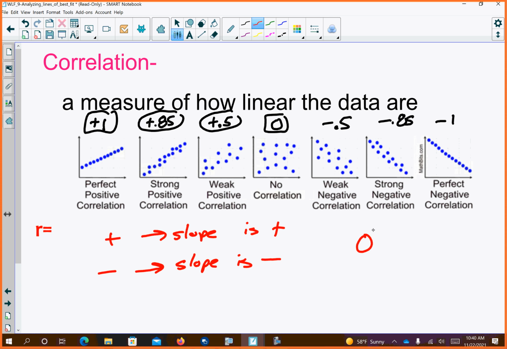You could say the number of coins I have in my pocket versus my age. Well, someone might have a coin in their pockets because they found a quarter out in the hallway. That doesn't mean that your age is indicative of you having coins in your pocket. So there's definitely 2 things that you could try and compare. Whether they have a correlation or not, we don't know until we actually put in the data.